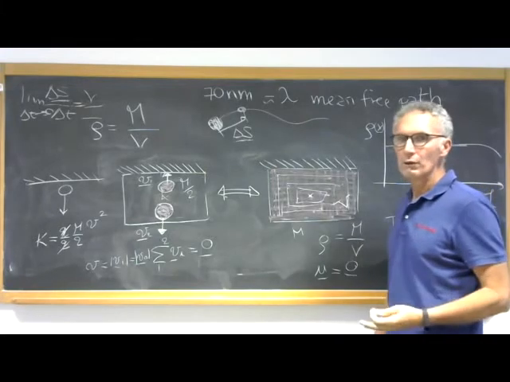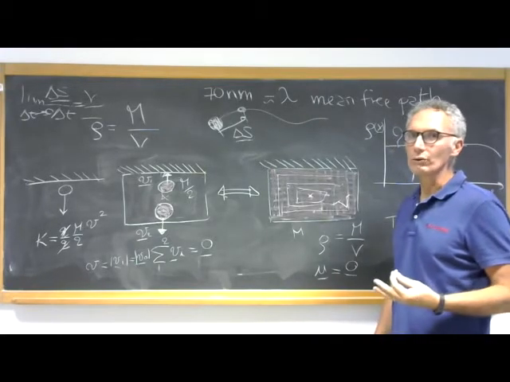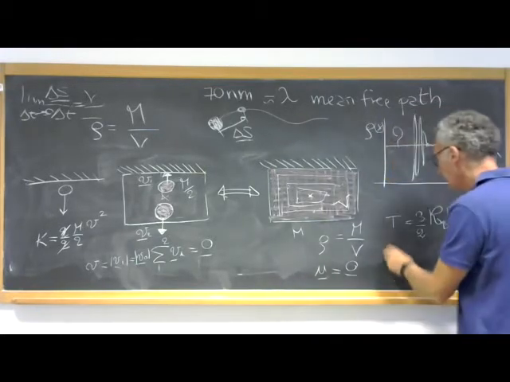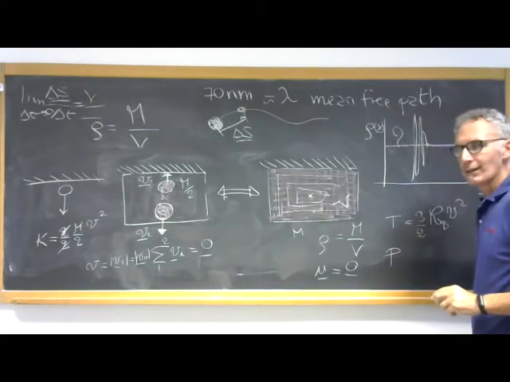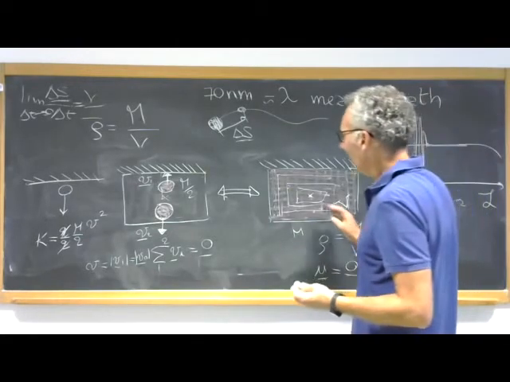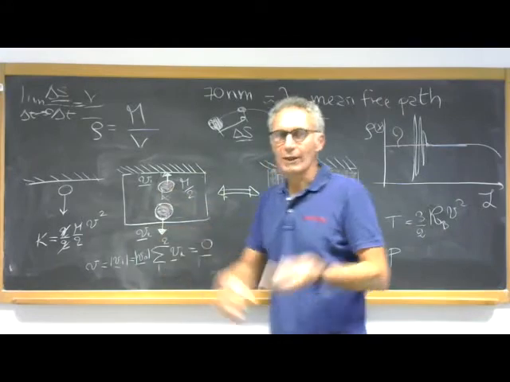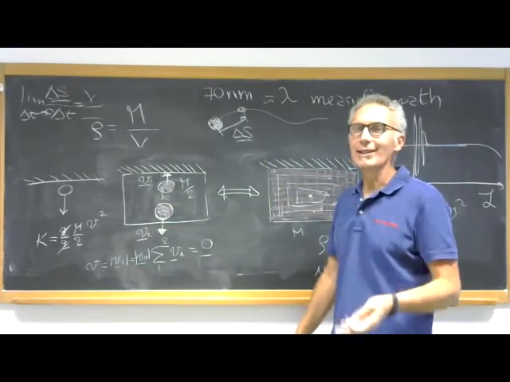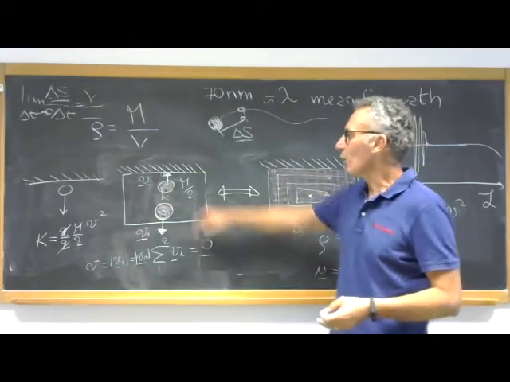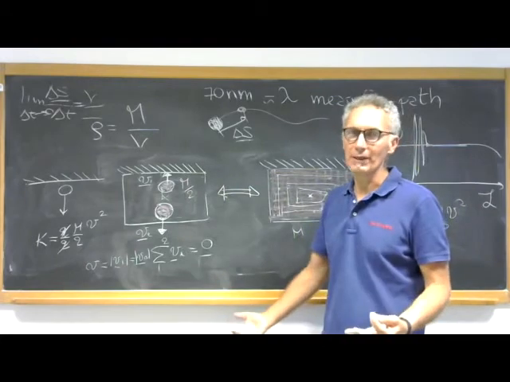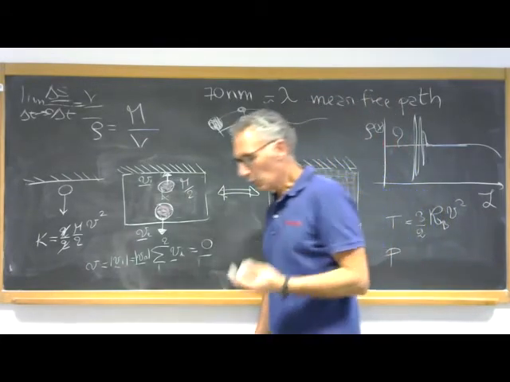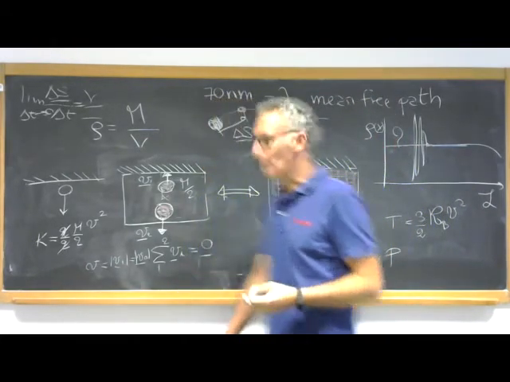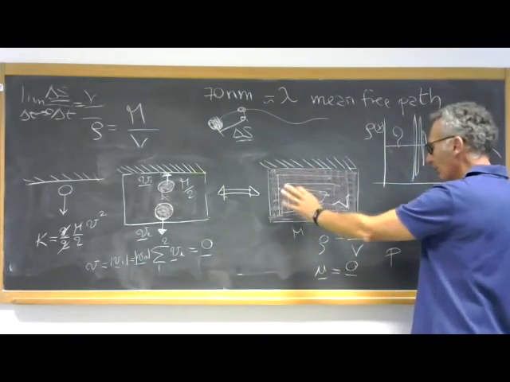And then we are forced to invent another quantity, and this quantity is pressure. So as you can see, pressure is nothing but the resultant of the collision forces per unit surface.